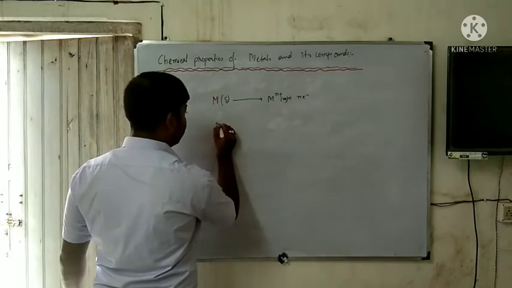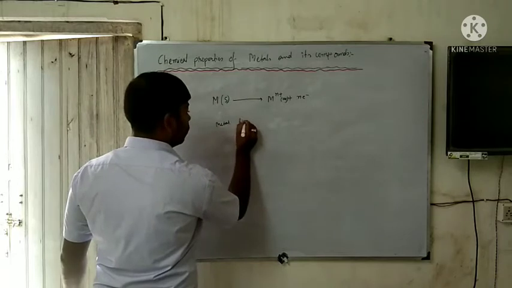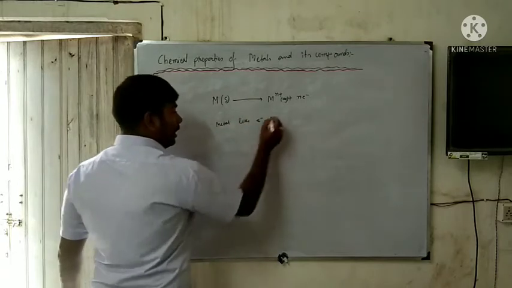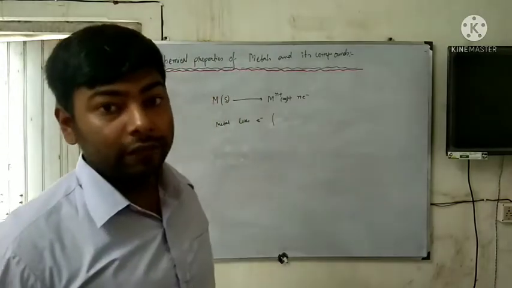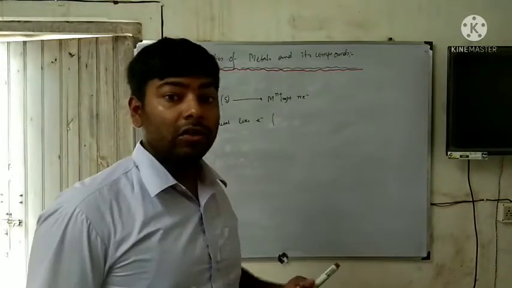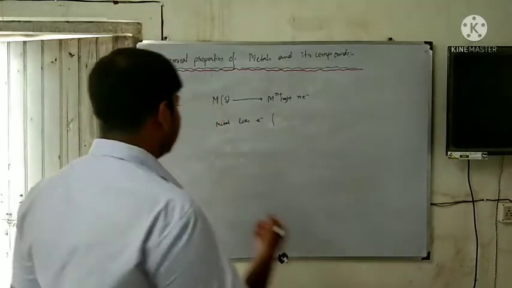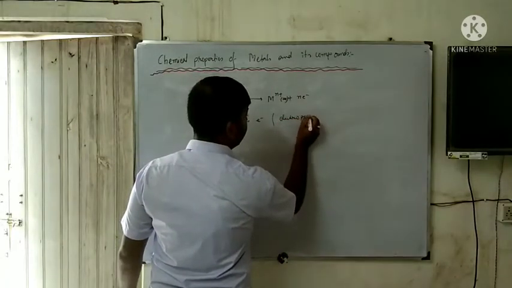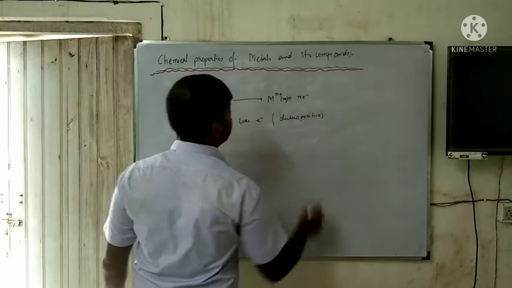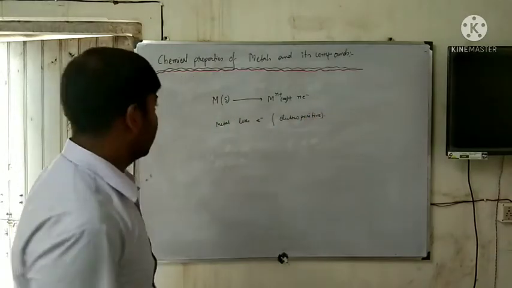Metal loses electrons. If any species loses electrons, it becomes electropositive, and the species which accepts electrons is known as electronegative. So that's why metals act as electropositive.